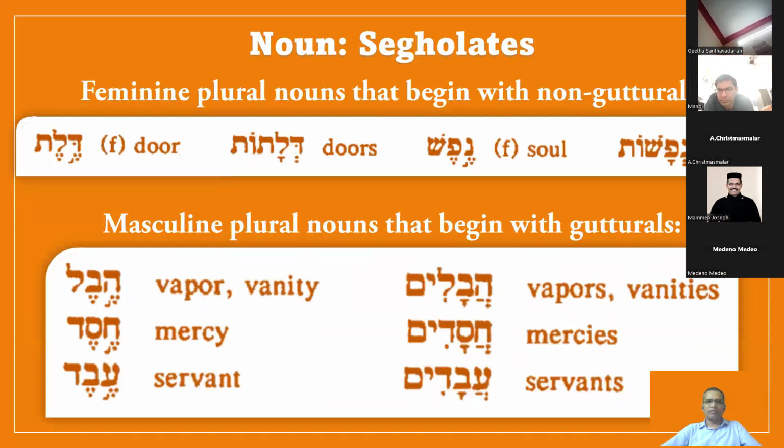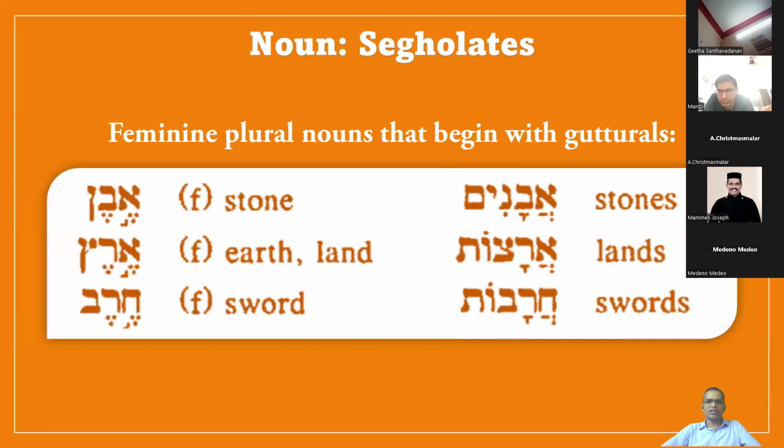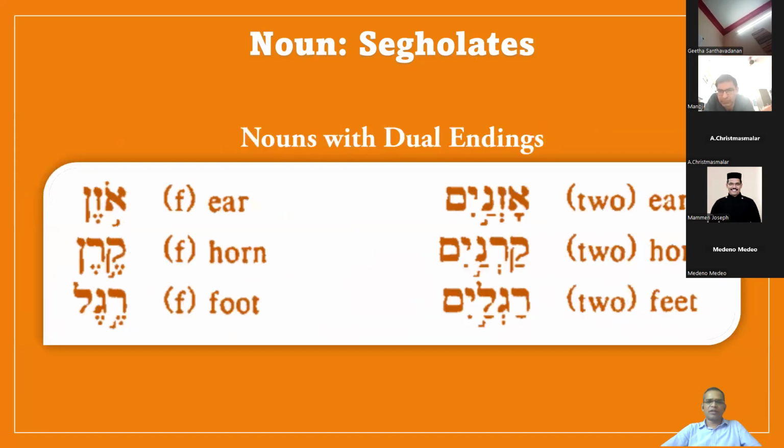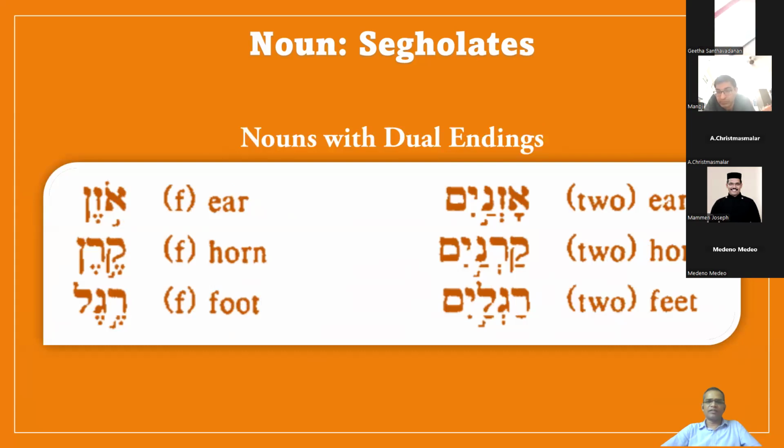For masculine plural, if you see, it is the initial consonant which is taking the Shewa. But for the dual endings, the initial consonant is not taking the Shewa. There is a reason. The initial consonants are taking vowels, and there is a vowel change. The second consonant is the one taking Shewa.